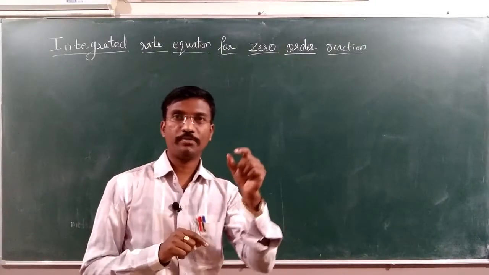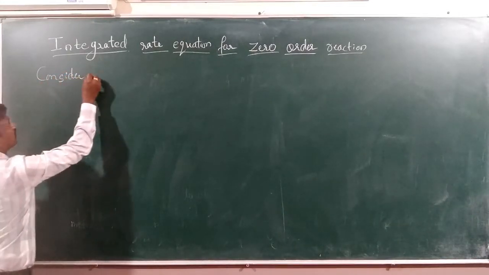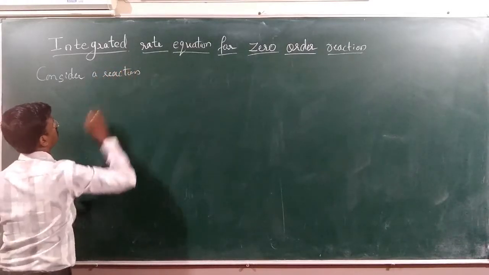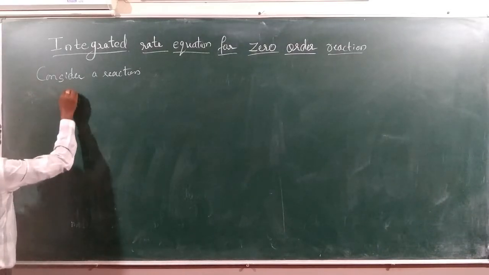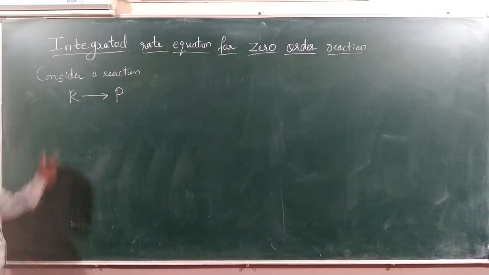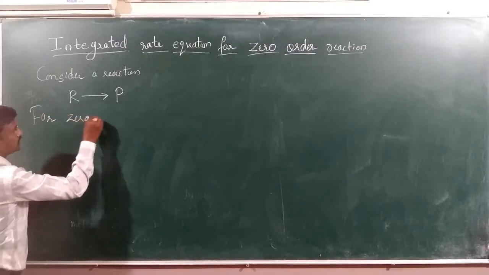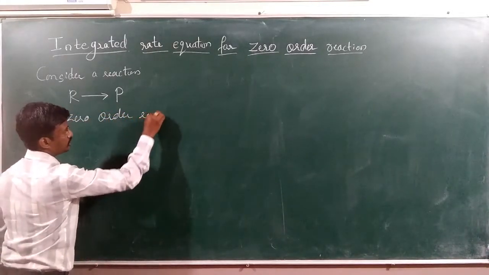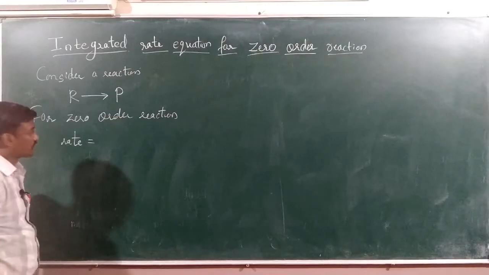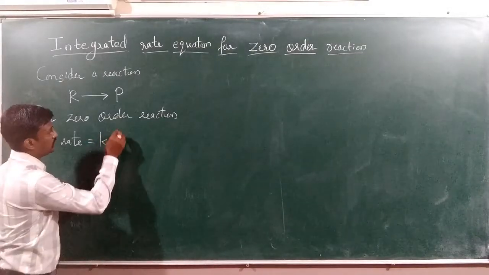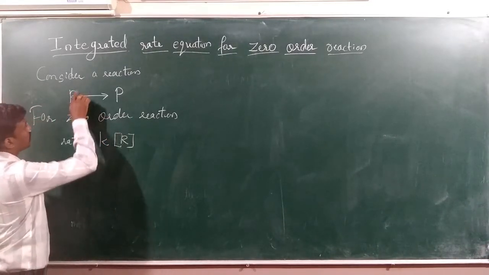A zero order reaction is one where the power of the concentration of the reactant is zero. Consider a general reaction R going to P, meaning the reactant is converted into product. For a zero order reaction, the rate of the reaction is equal to k, where k is the rate constant, times the concentration of R to the power zero.